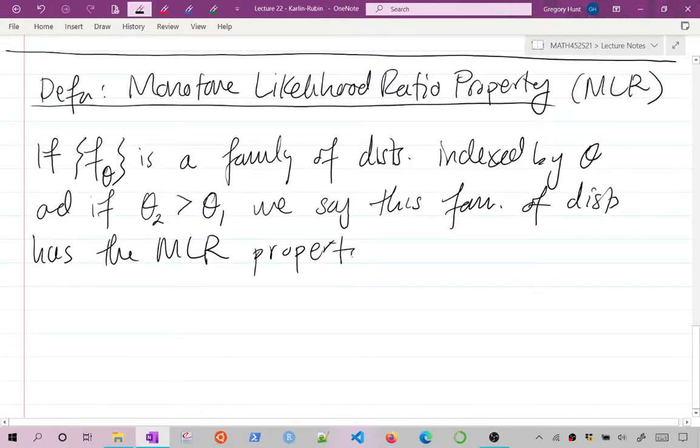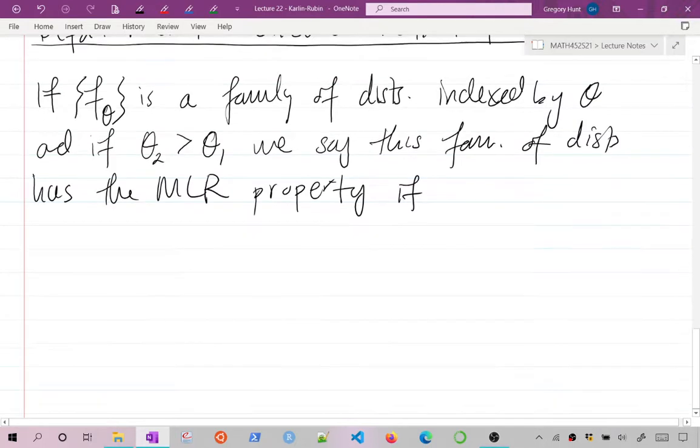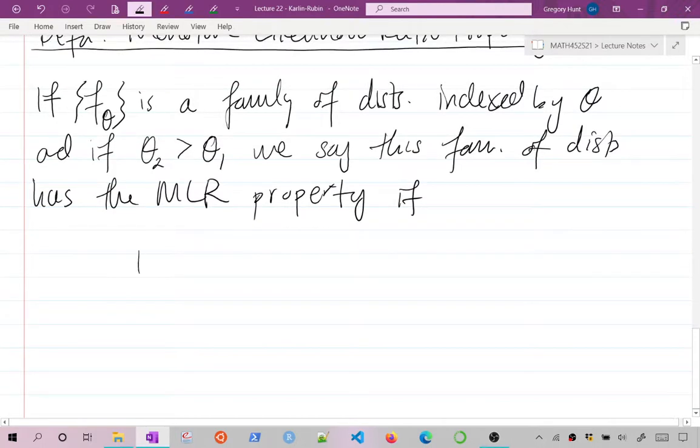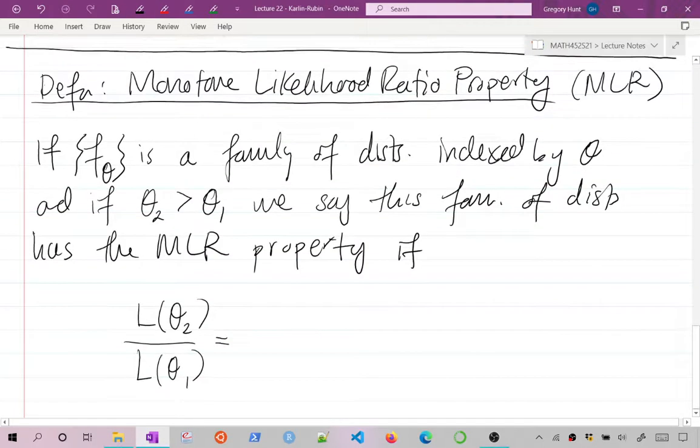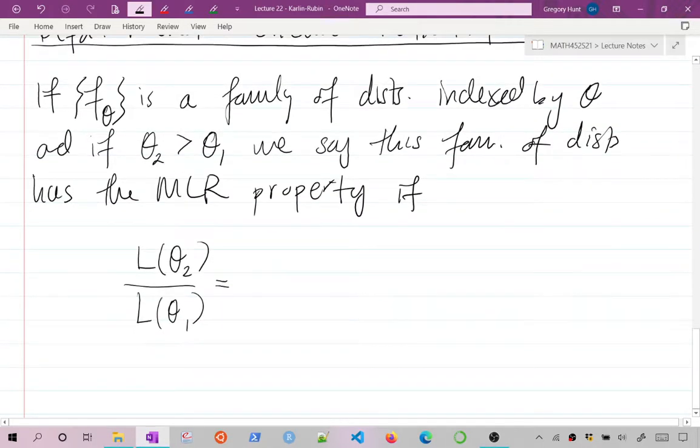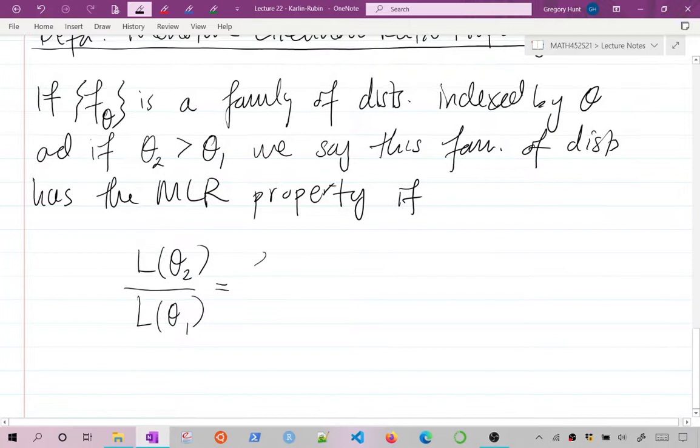or T, if I look at the ratio of likelihoods, that's the name, likelihood ratio property, L of theta 2 over L of theta 1, right? And our likelihood functions are just, this is kind of a really fancy way of saying we're just looking at f_theta2 of x over f_theta1 of x.